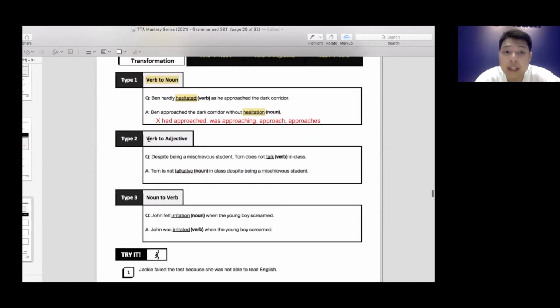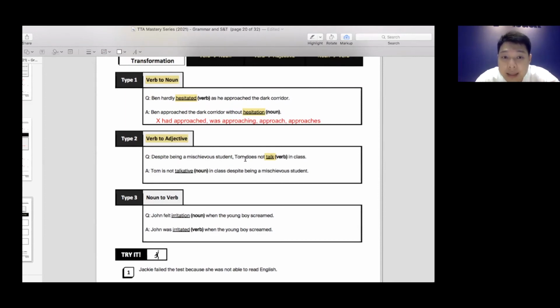Question type number 2, when you're changing verb to adjective, an action to a describing word. Look at here: despite being a mischievous student, Tom does not talk in class. So talk is a verb. You want to change this, you need to use talkative. Tom is not talkative in class despite being a mischievous student.